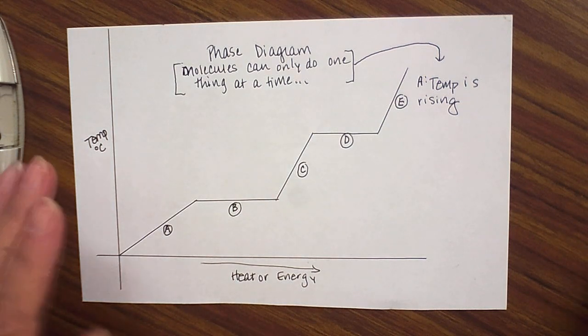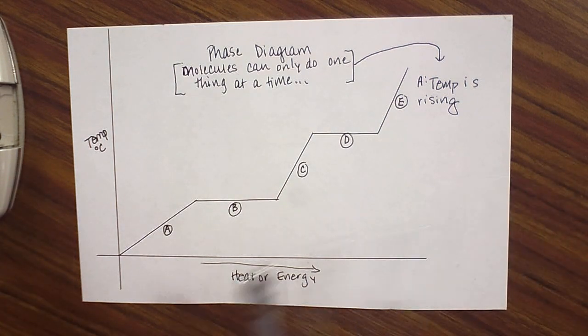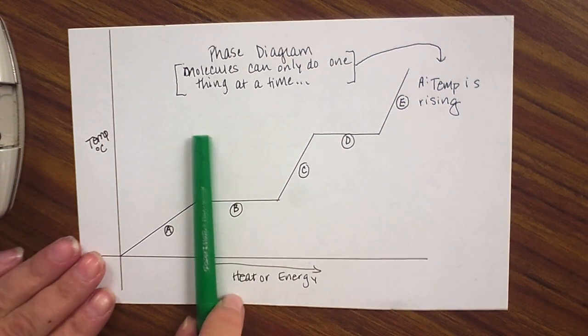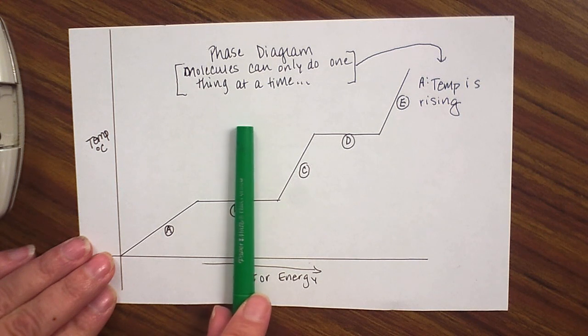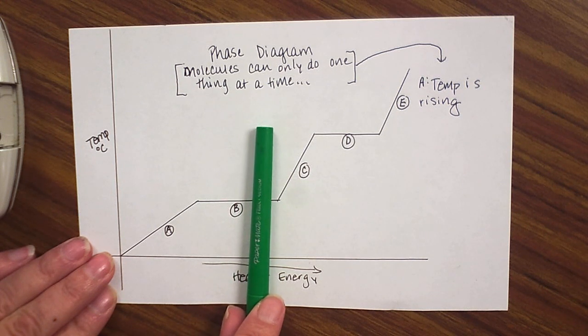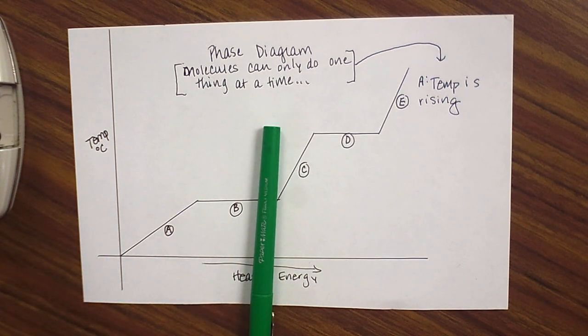Okay. So next, we're going to go to B. As I'm putting heat into my substance, my temperature is constant. Right, staying the same.